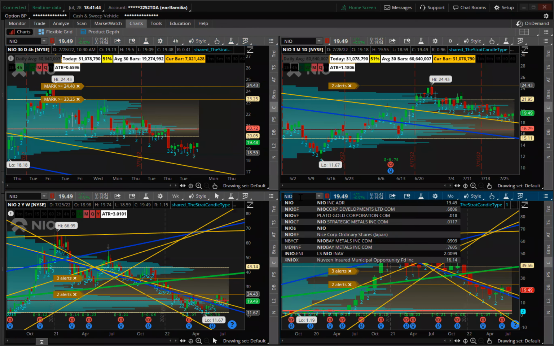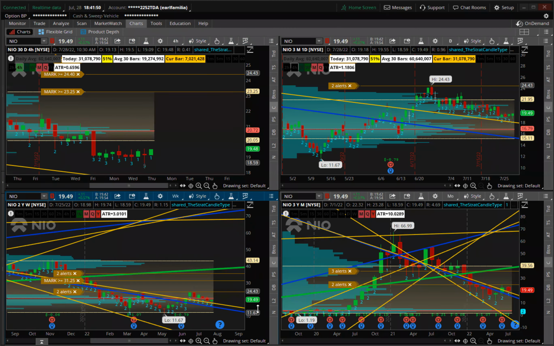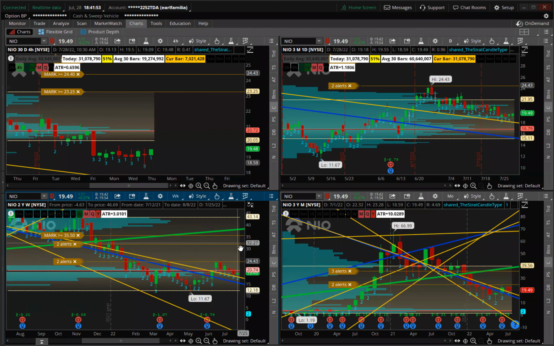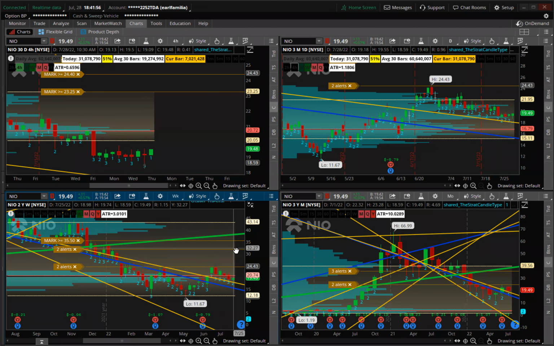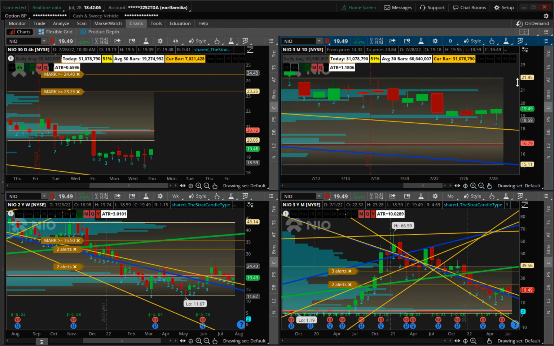Well, we just looked at BA, so we'll take a look at Neo right now. No wick, no wick. Neo just hugging that broadening formation, ain't it? Look at that hammer. That looks too good. Well, this is the outside day.